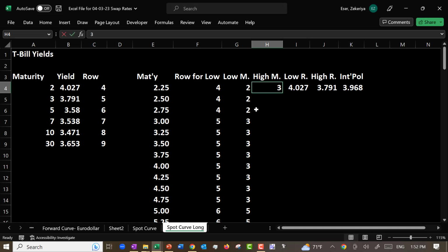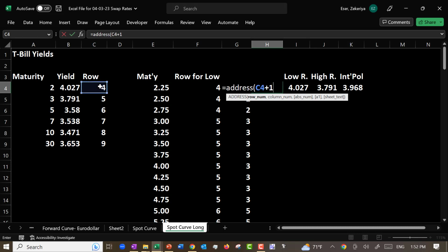Address in the next row, because the fourth row has my low maturity. The next row is going to have my high maturity, right? That would be A5 as I want it.